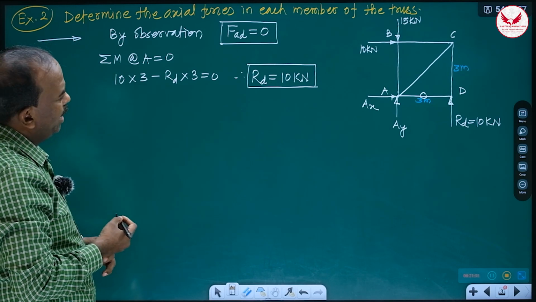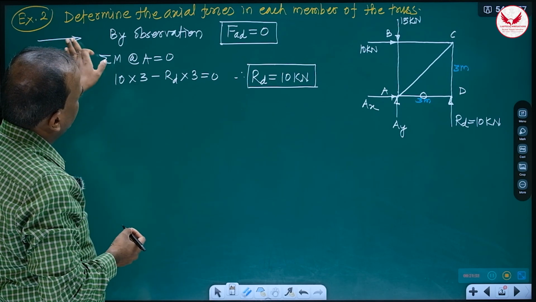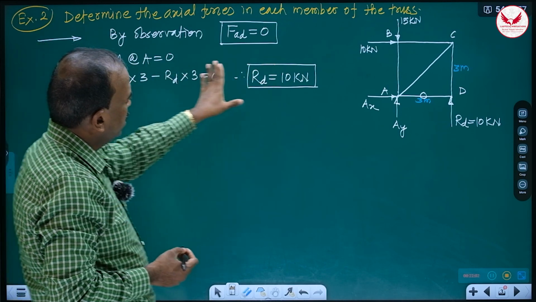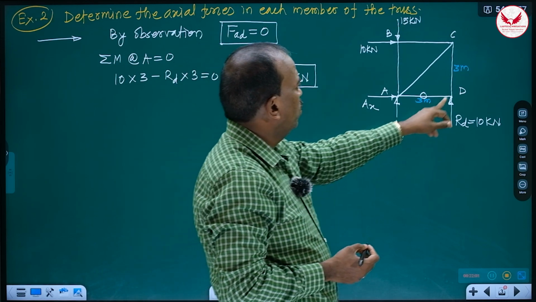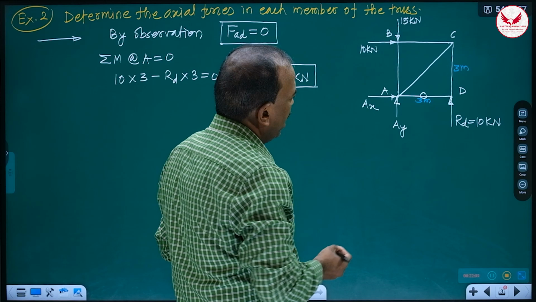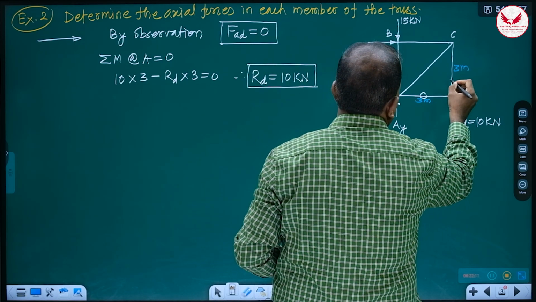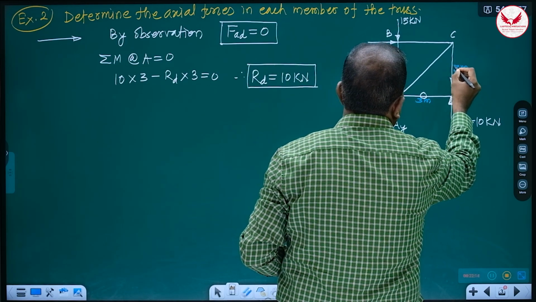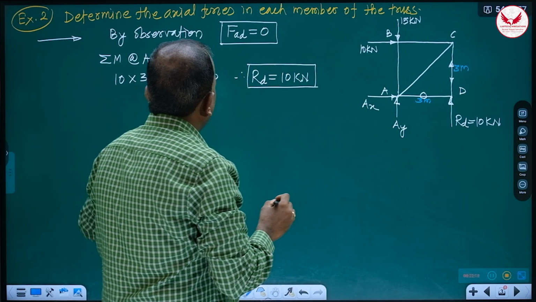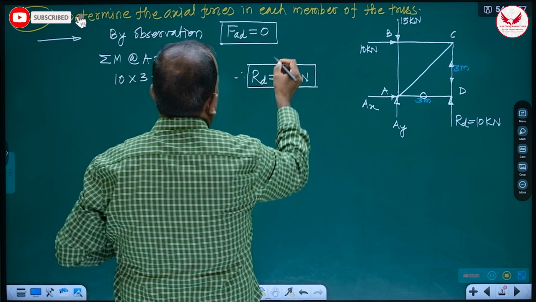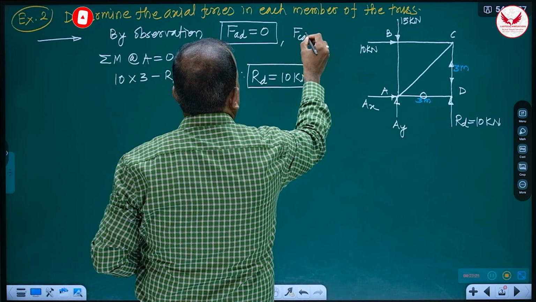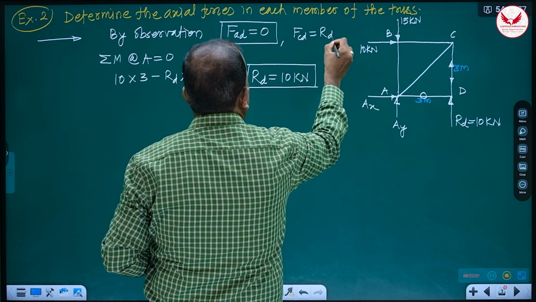Now, we can analyze and again see by observation FAD is equal to 0. And force in the member CD is equal to RD. If RD is upward, means CD is going to be downward. And this is going to be compressive member. So here you can write by observation FAD is equal to 0 and FCD is equal to RD.